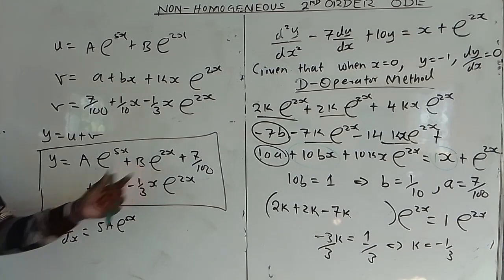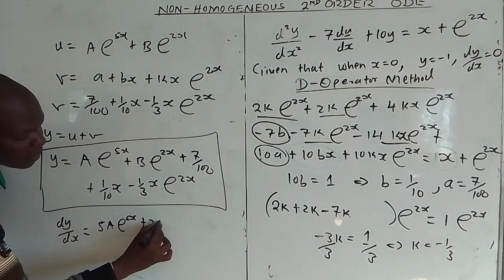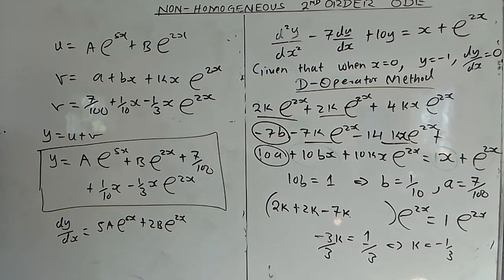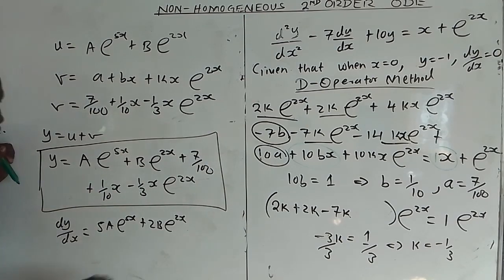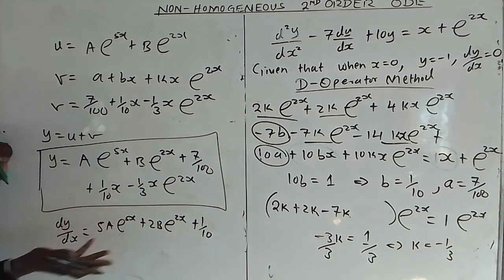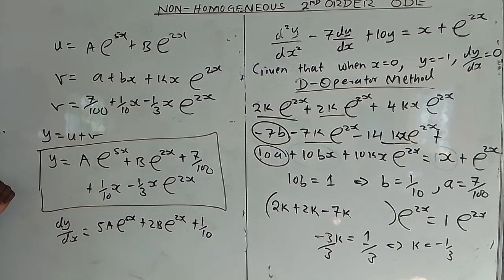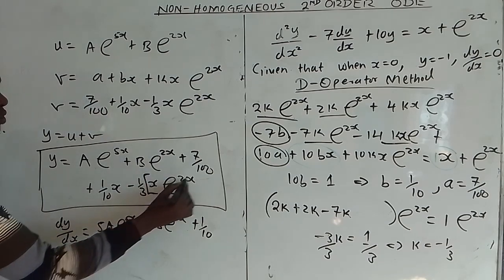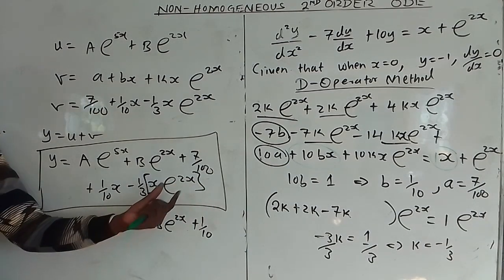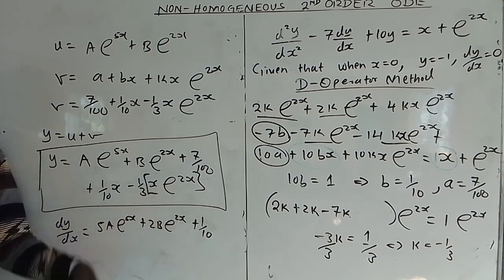If you differentiate b exponential 2x, you get plus 2b exponential 2x. If you differentiate a constant, 0. If you differentiate 1 over 10x, you get 1 over 10. X goes to 1 if you differentiate, isn't it? Are we together? Then if you differentiate x exponential 2x, that is product rule, isn't it? If you take exponential 2x, then you differentiate x, you get?